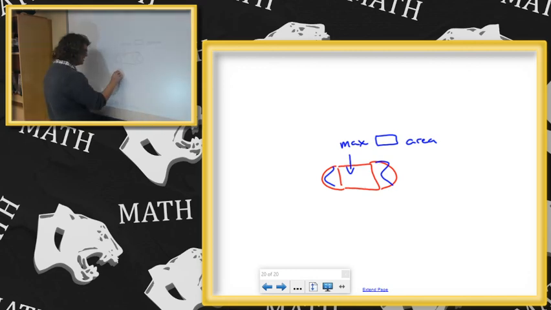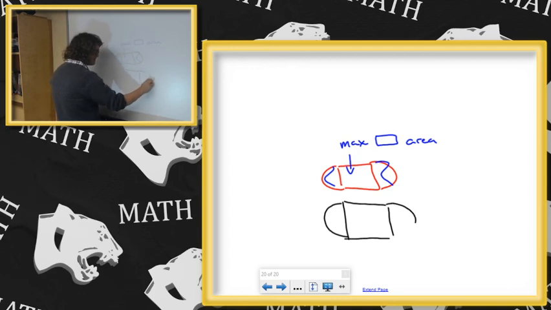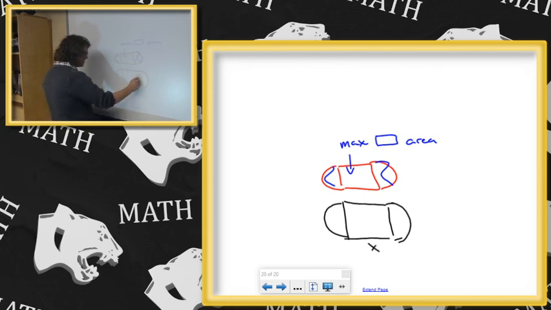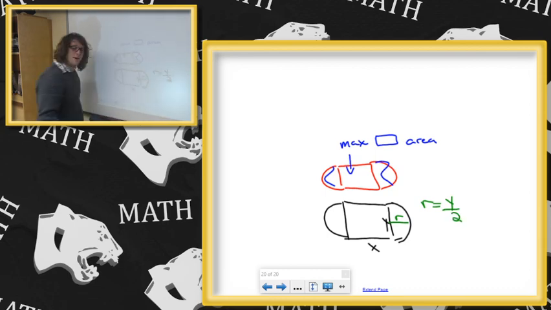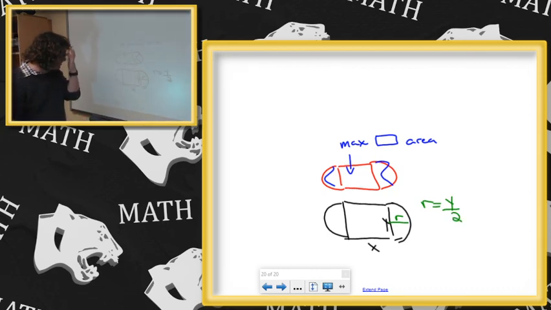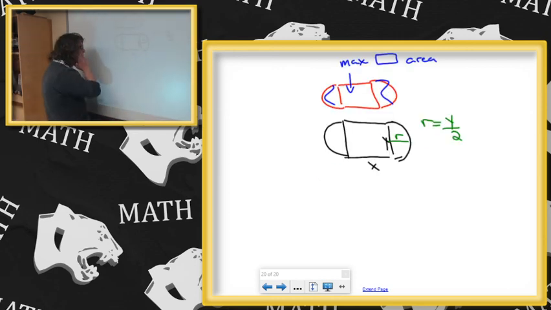So if we said that this thing is x, this is y, which means that the radius is equal to y divided by 2, because y is the diameter. It goes from one side of the semicircle to the other. So in total, there's actually 1 circle, and there is the rectangle in the middle.